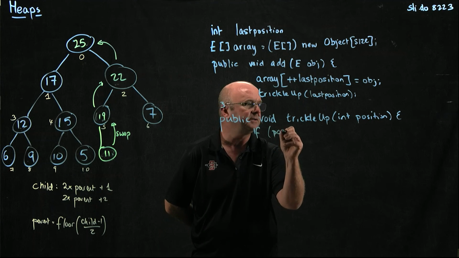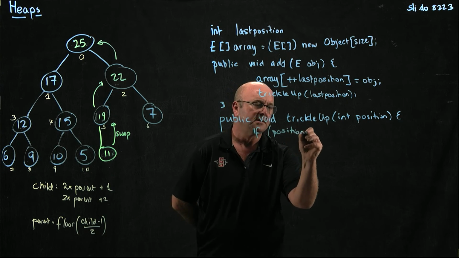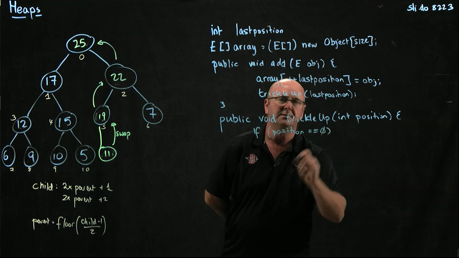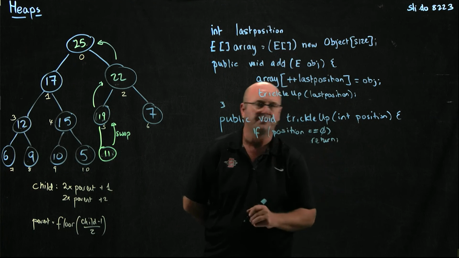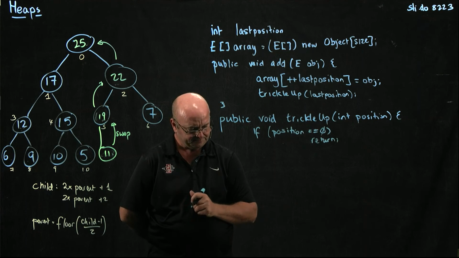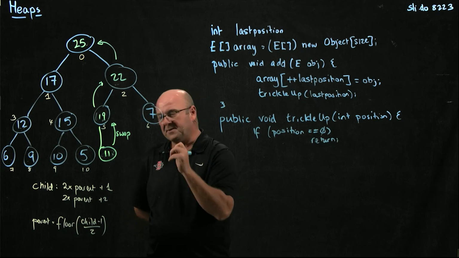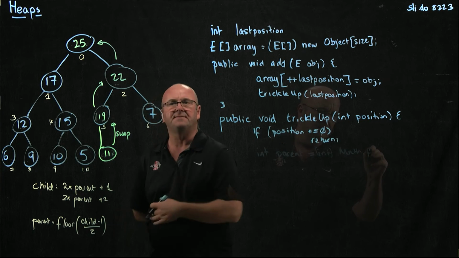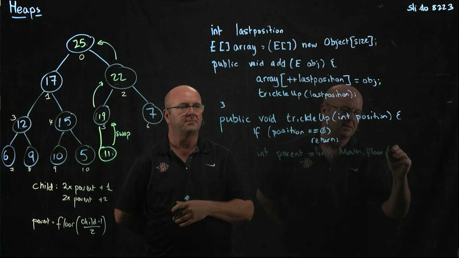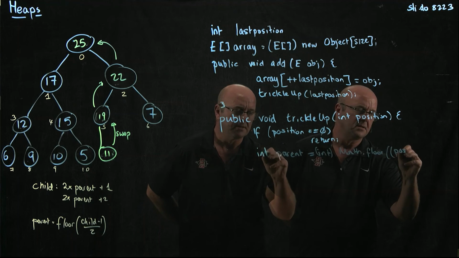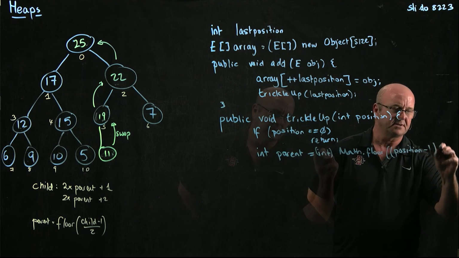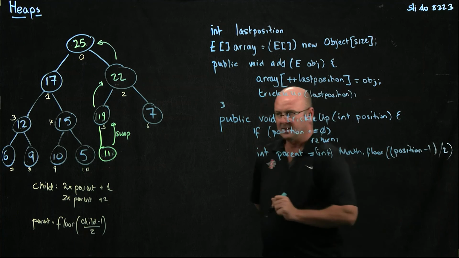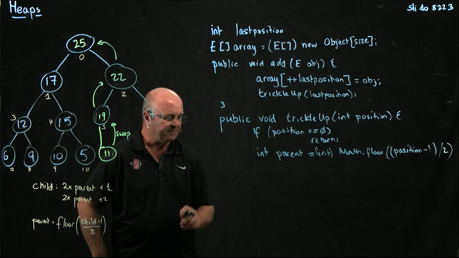So if position is 0, we're done. We don't need to do anything. Let's get out of there. Okay. If we're not at the root position, we need to find our parent. So we subtract 1 from position and divide it by 2. That's how we find our parent when we take the floor of that.